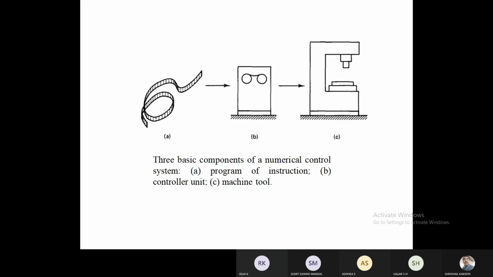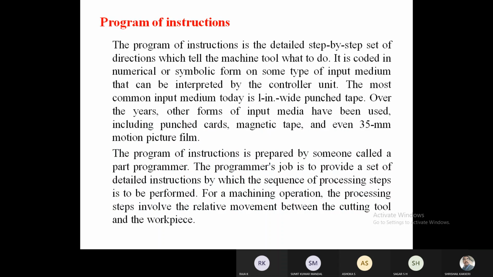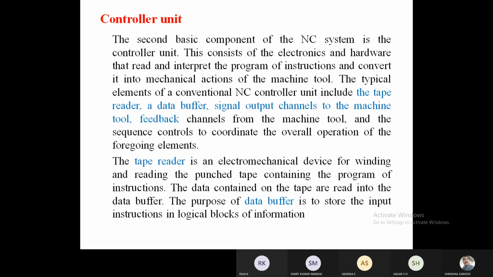And this MCU will have other additional things also. The MCU has so many other additional things also. The main job of the machine control unit is that it has to convert the instructions which are written in the punched tape into instructions which the machine tool can understand. That is the main important function.